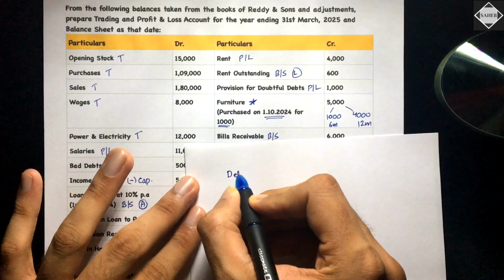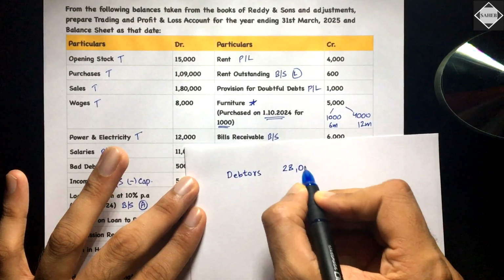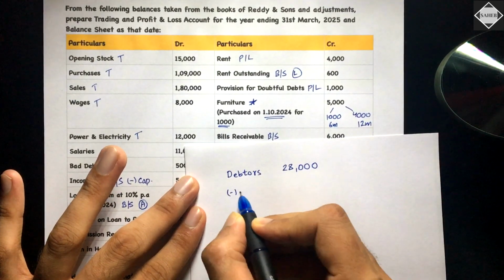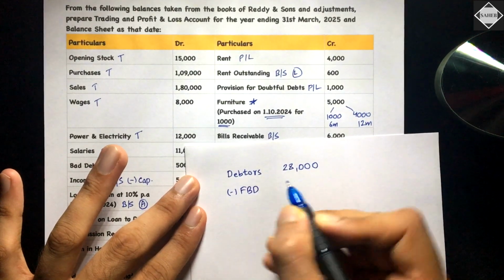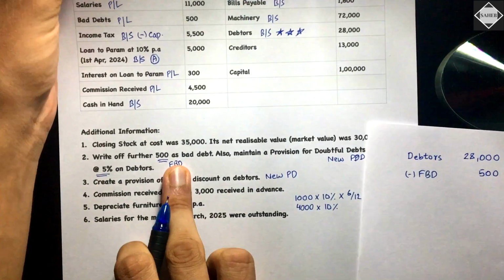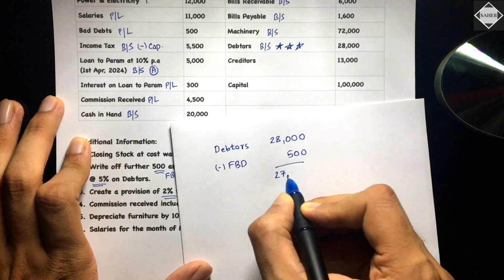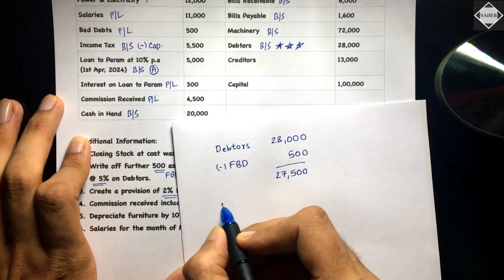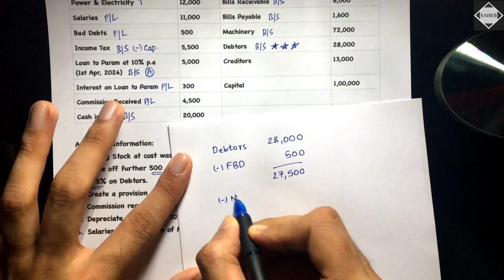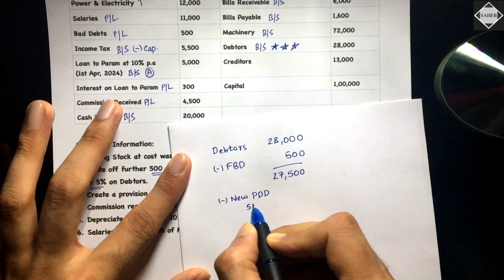First we are going to do rough balance sheet calculation. Debtors is 28,000. First always further bad debts will be subtracted, which is 500, not the trial balance one, the adjustment one. Subtract that, so you will get 27,500. From this you will subtract always new PDD, provision for doubtful debts, which is at 5% they said.